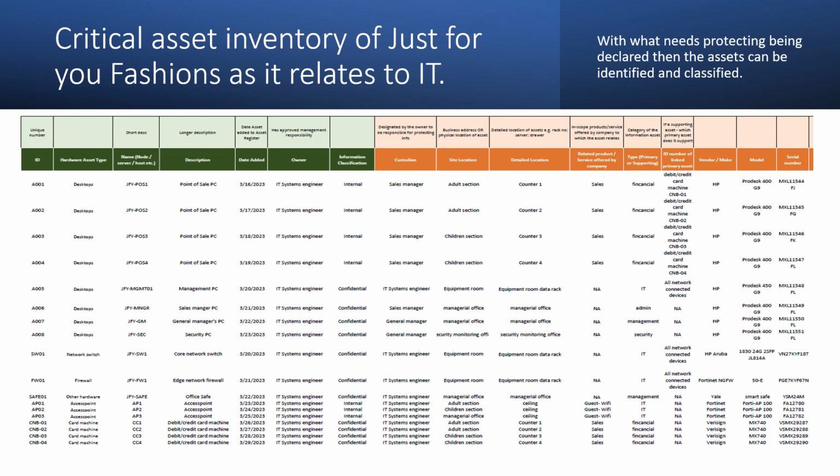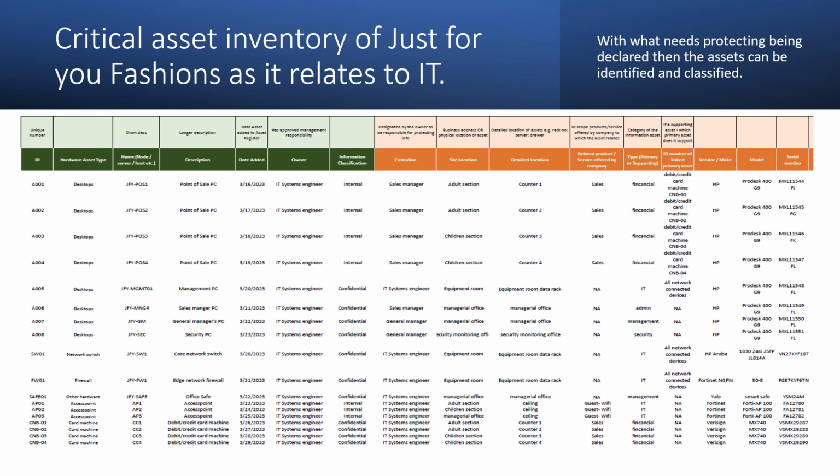Then you have management PCs, one for IT, which is used to monitor the network, and then 2 for the general manager and the sales manager. And you have a security computer used for monitoring or overseeing all activities in the entire store. And you have the switches to the firewall, safes, access points, and the credit card machines listed themselves.